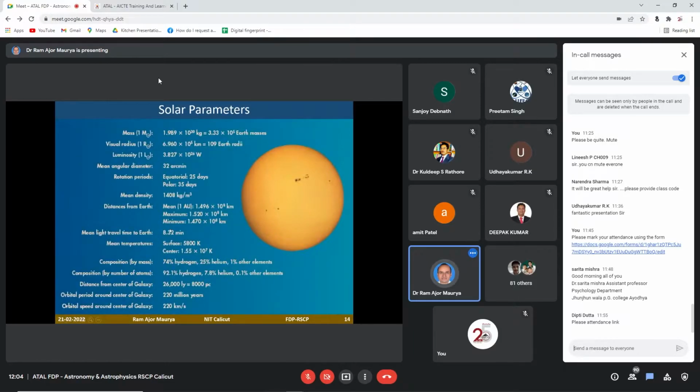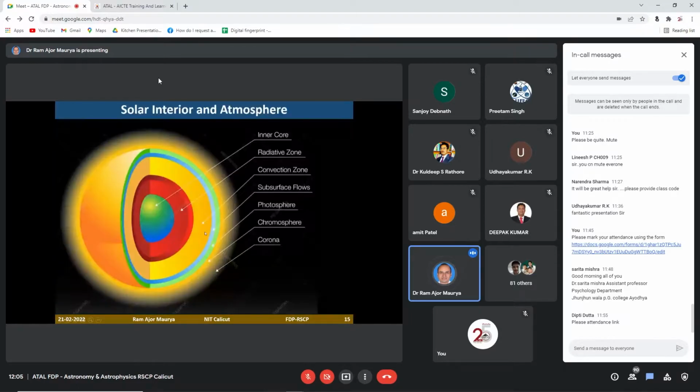So these are some parameters related to the Sun. Then what about its interior and atmosphere? In order to understand it, we have divided it into different layers. We have the interior. This is called the core of the Sun, where we have the nuclear reaction that is producing the energy.